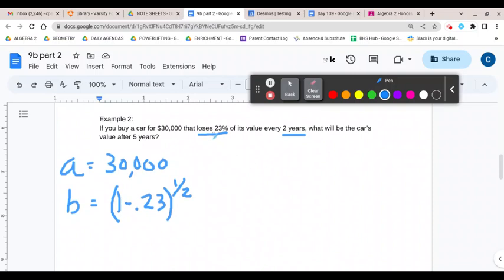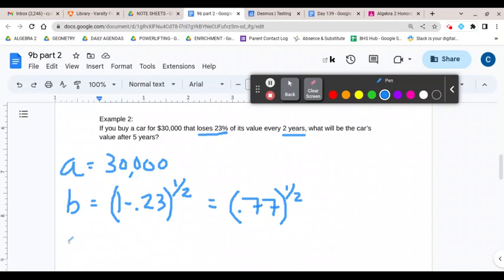Okay, we lose 23% of our value, so what we're left with is 1 minus 0.23, which is 0.77. So the 1/2 power. So that's ultimately going to be our B.